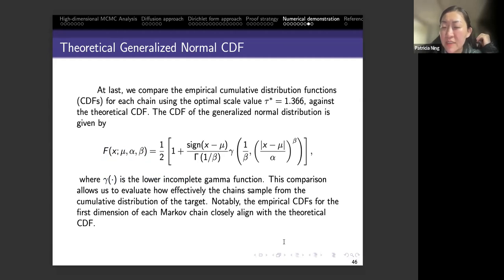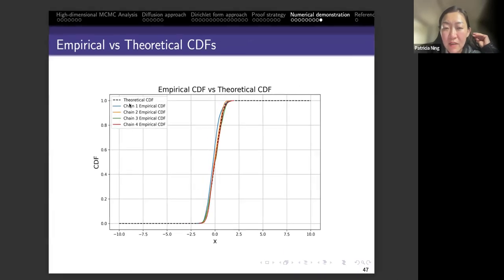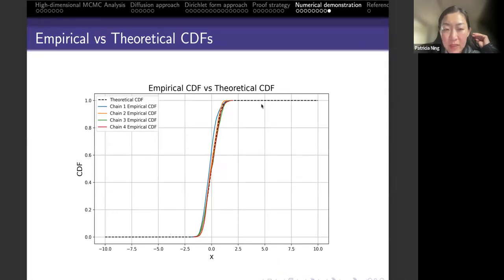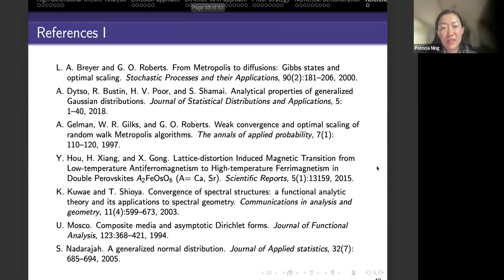Notably, the empirical CDF for the first dimension of each Markov chain closely aligns with the theoretical one. Here, the black one is the theoretical CDF, and then there are chain 1, chain 2, chain 3, chain 4. We can see the empirical CDFs closely match. And lastly, there are some excellent references on the classical result using the diffusion approach.